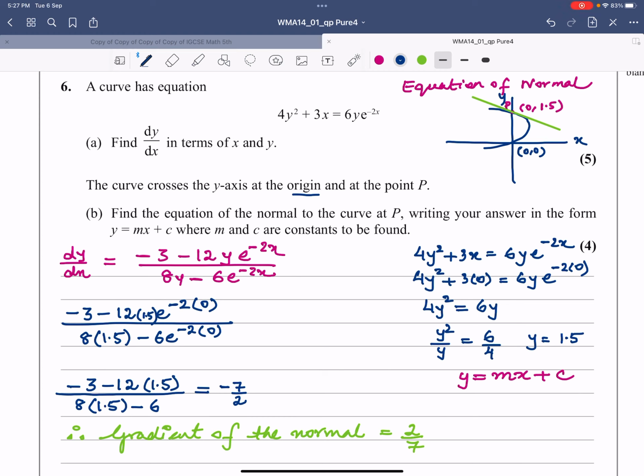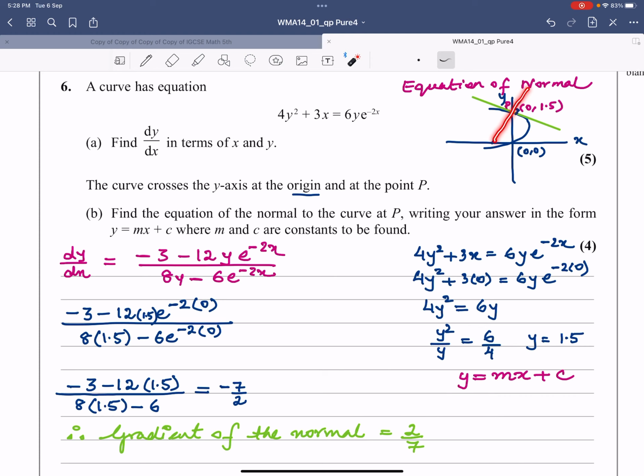Normal is this line which is passing through the tangent, and it is at right angles to the tangent. So this is the normal. And earlier we had the gradient of the tangent, which was -7/2. Now using this, we have found the gradient of the normal, which is 2/7.